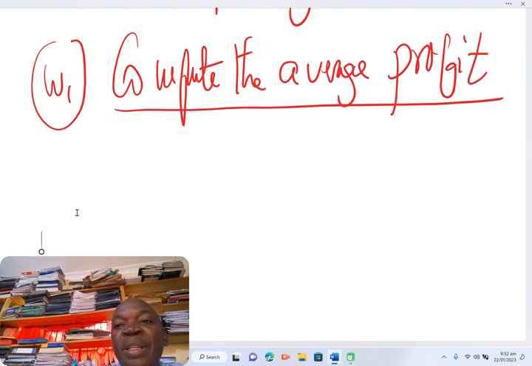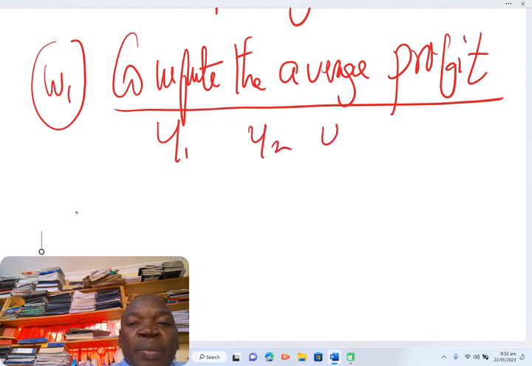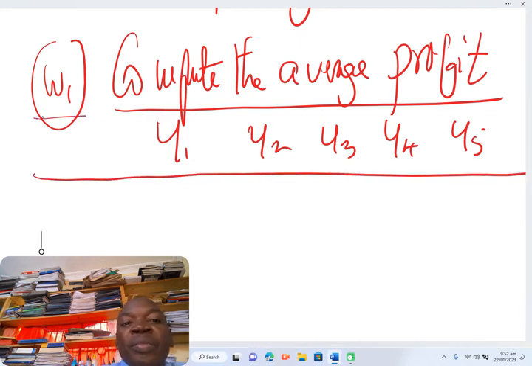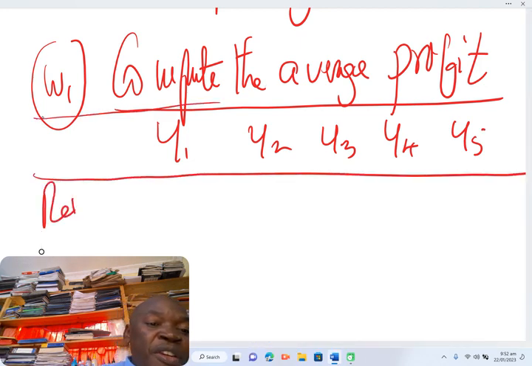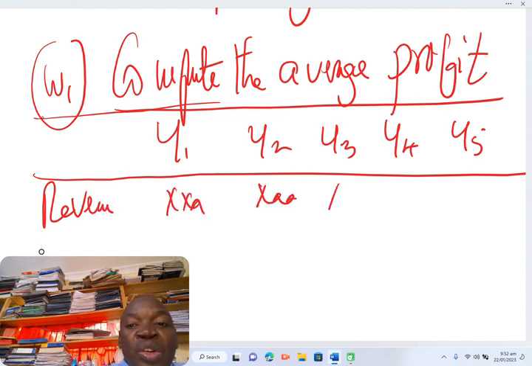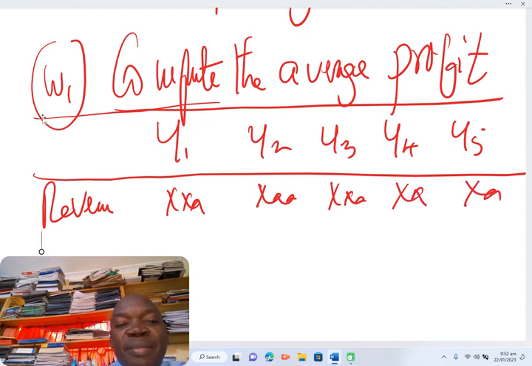For example, you may put year 1, year 2, year 3, year 4, year 5. So you estimate the revenue in those years, how much is the revenue in each year.